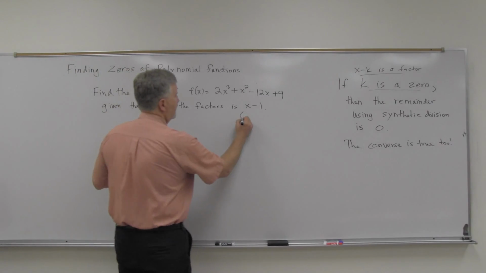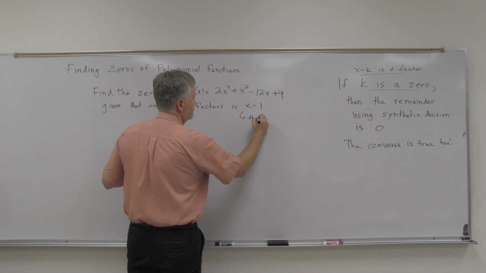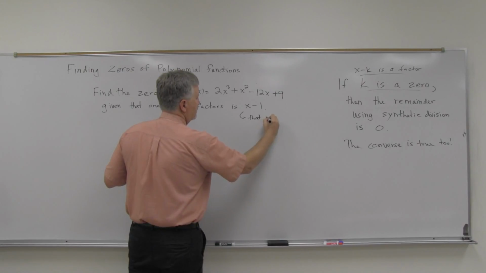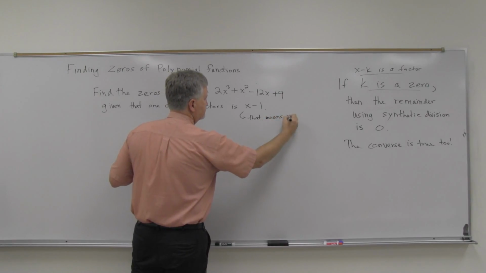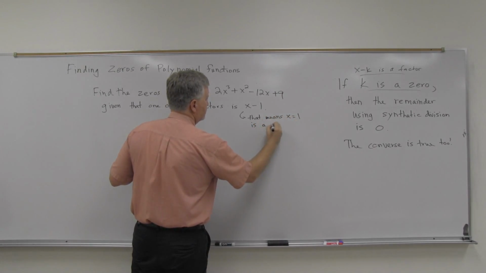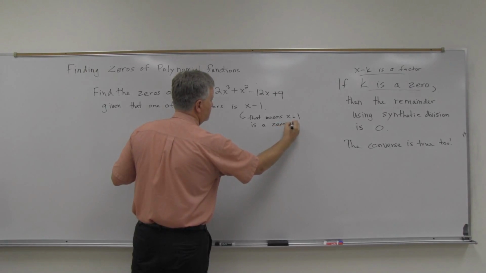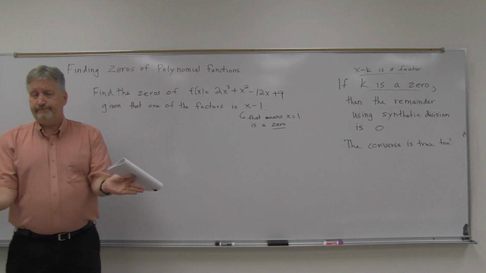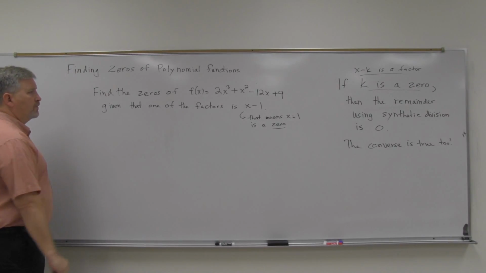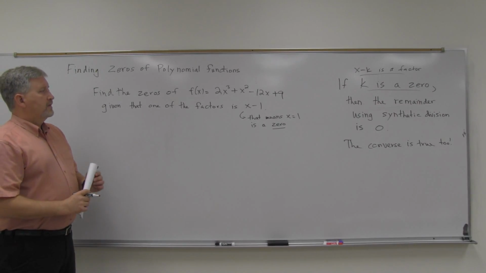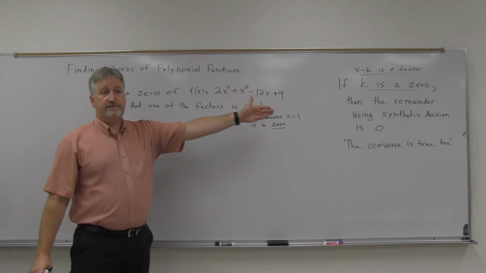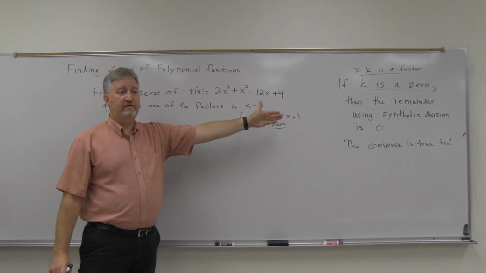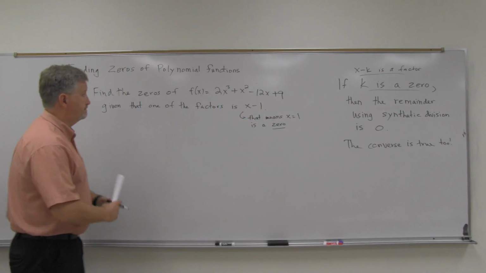So that means x equals 1 is a zero. So we've got one of the zeros. If 1 is a zero, then let's plug it into our synthetic division, and that confirms it.